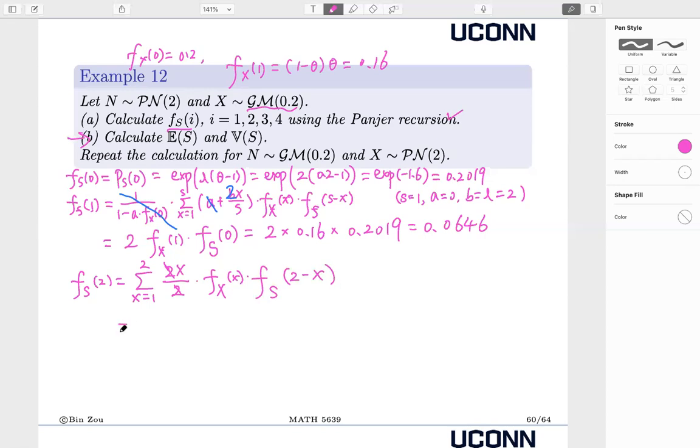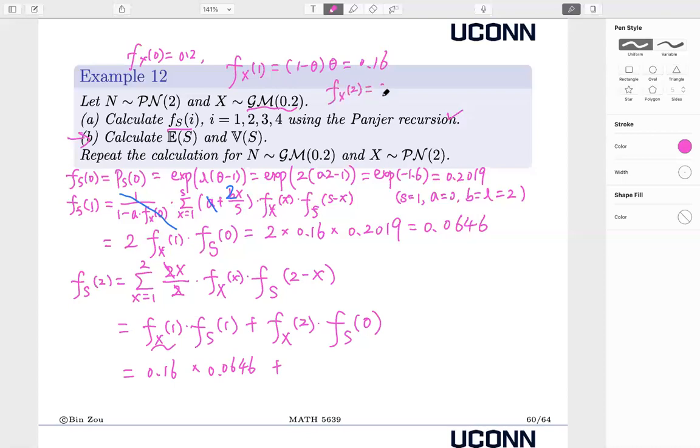When x is 1, this is f_X(1) times f_S(1). Next, when x is 2, then this is f_S(0). The value I have is 0.16, and the value down here is 0.0646. Plus, the next one is 1 minus theta squared times theta, so it times by another 0.08, so it's 0.1024.